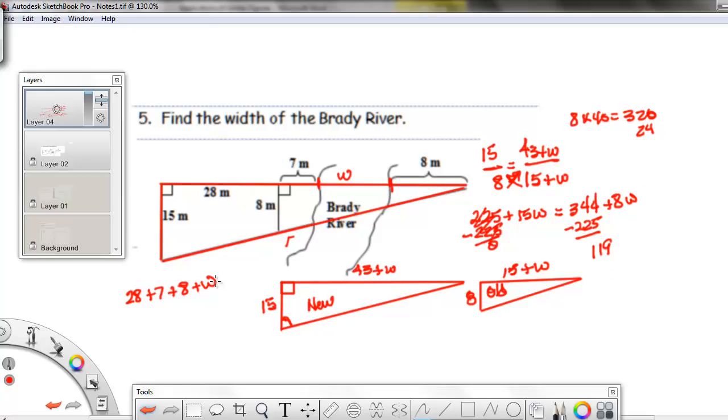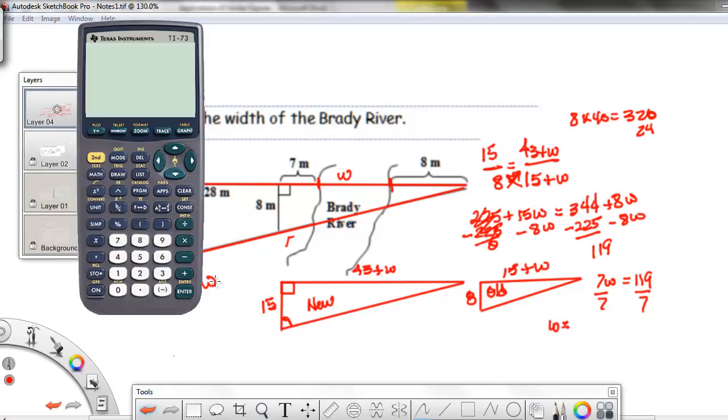Let me go ahead and subtract 8W from each side. We'll get W by itself by dividing each side by 7.